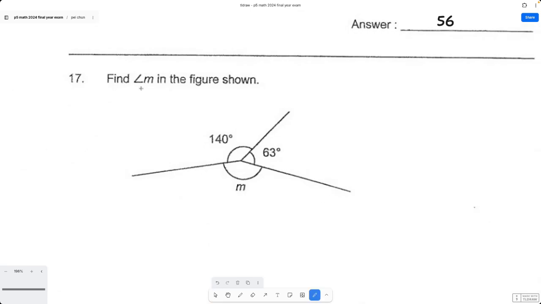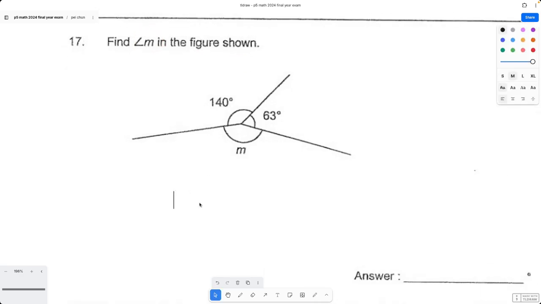Question number 17. Find angle M in the figure below. So a full circle angle is equal to 360 degrees.